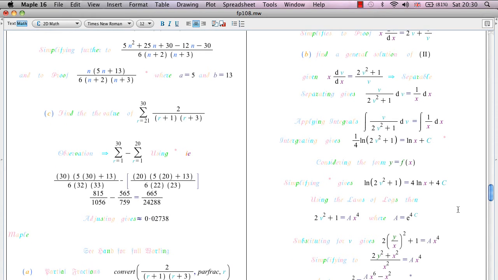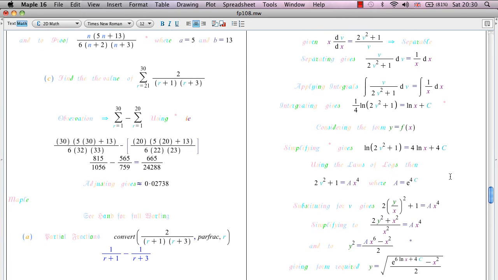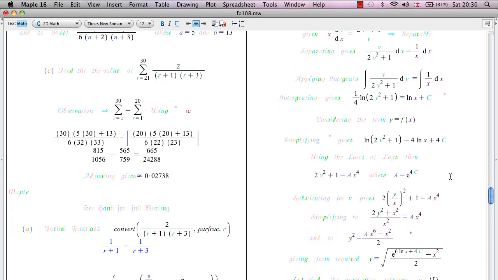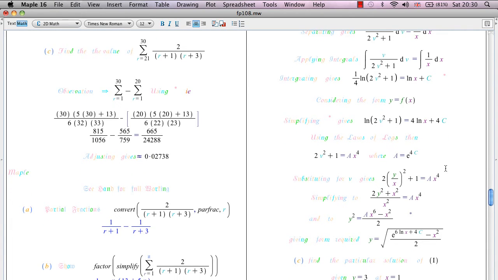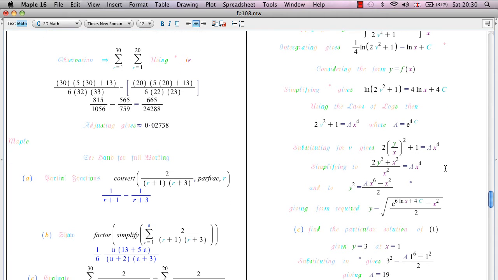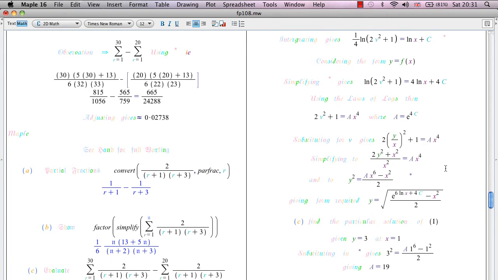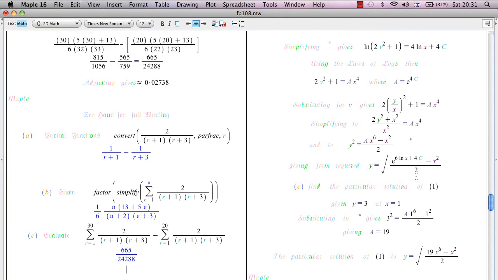And then considering the form required, simplifying further and using the laws of logs, where A equals e to the power 4c, and then considering that v is y over x and substituting for v, simplifying further gives an expression for y squared, and the form required, y equals the root of this expression.